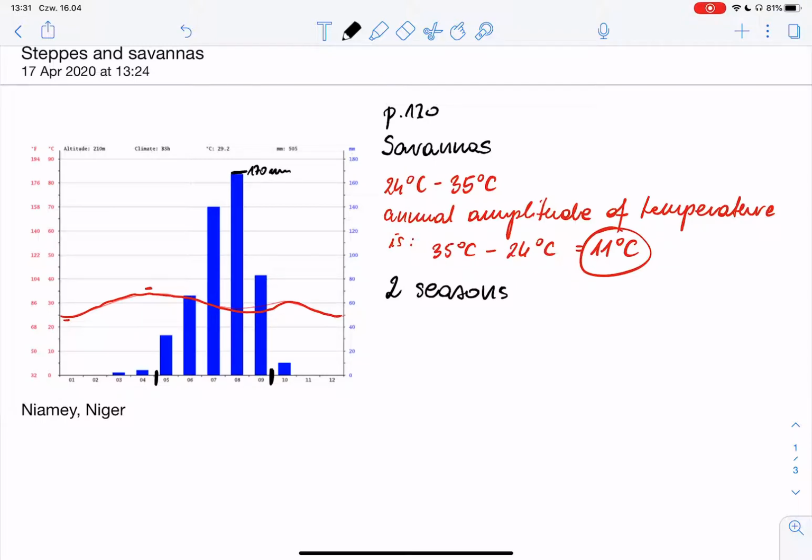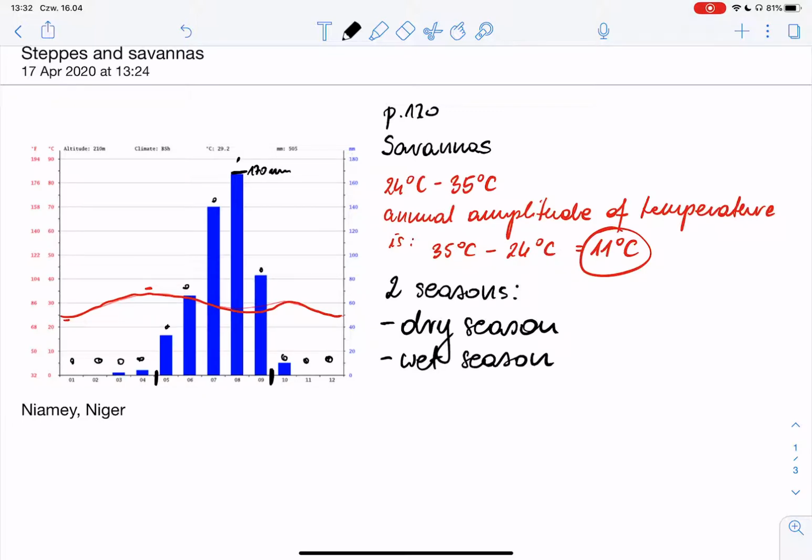And we can say that those seasons are not warm or cold, but in savannas we have dry season, which are the months with no or really small precipitation, and wet season, with the months that the precipitation is quite high.